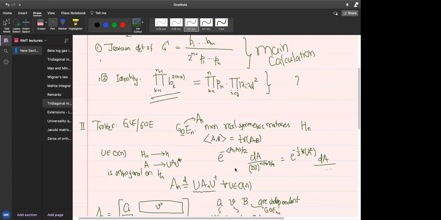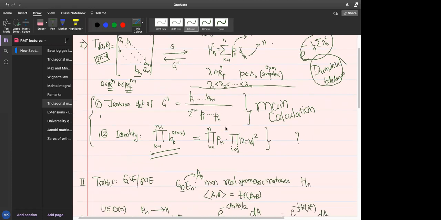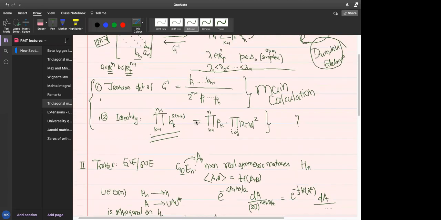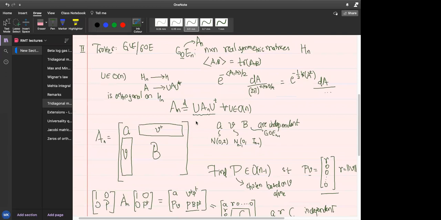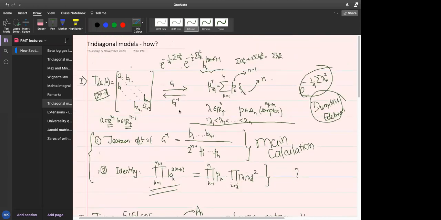If you want to do that, the one method I suggested is you just forget all this tridiagonalization. You just compute this Jacobian determinant, then you do these calculations, then you get the eigenvalue density. So this one is how Trotter had come to it. Somehow I feel that if someone had not done it from a GUE or GOE matrix, I wonder if anyone would have thought of just making a tridiagonal matrix like this.